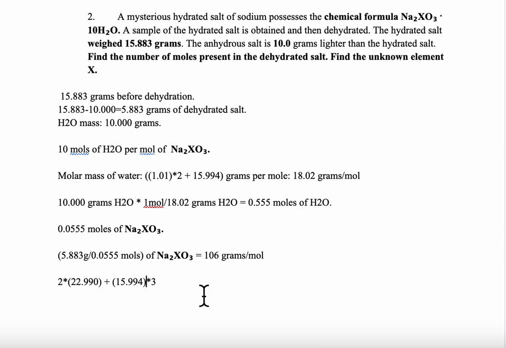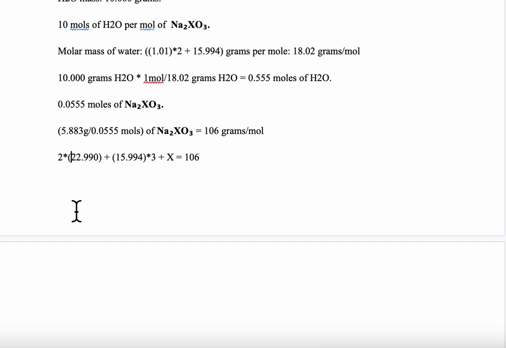Plus X, since there's only one of the element X in the compound, and we know that's going to sum up to 106 grams per mole. And then from here, it's just a bit of simple algebra.